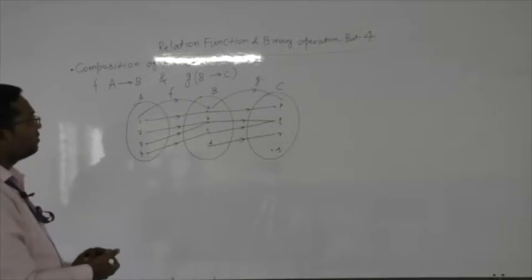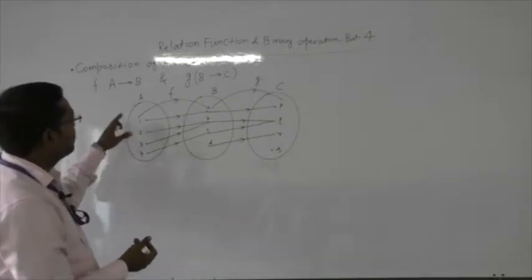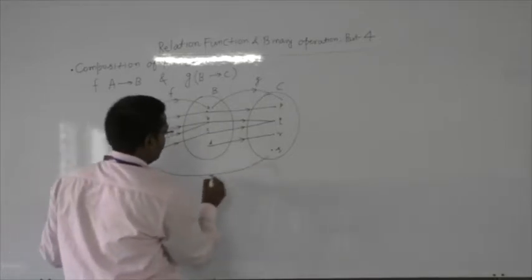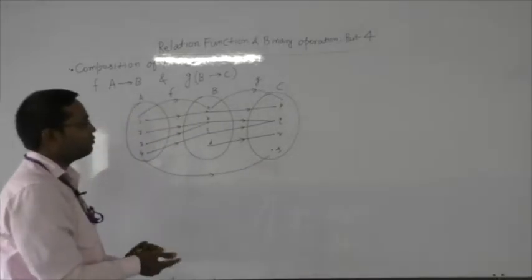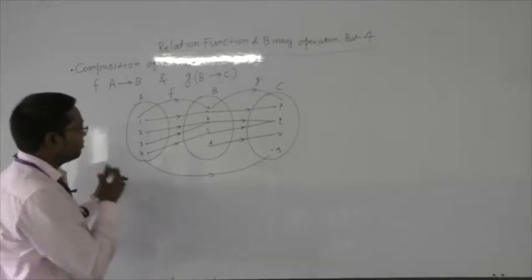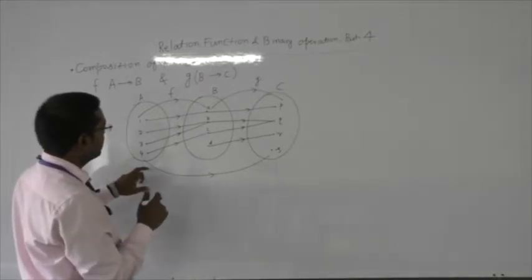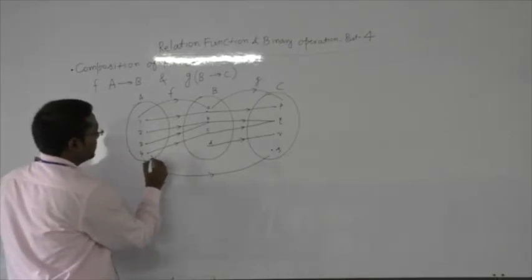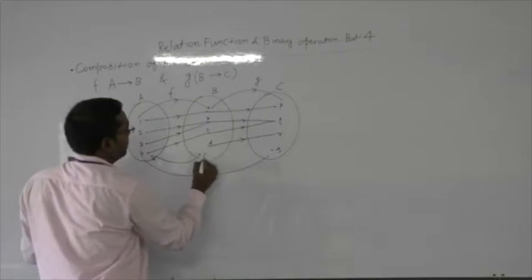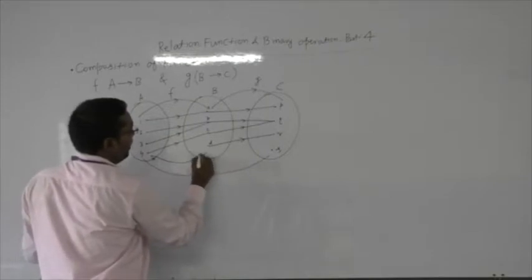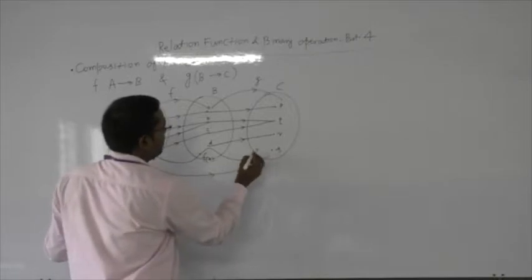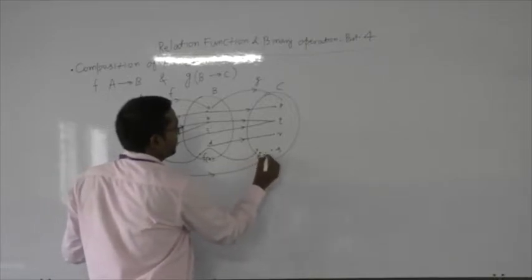Then we say a function which is defined from A to C. We can take one function from A to C. Then see what we say. Suppose this is x, then it will go here under f, that will become f of x, and that f of x will go here, and that will be g of f of x.